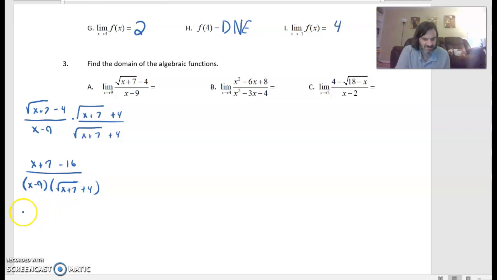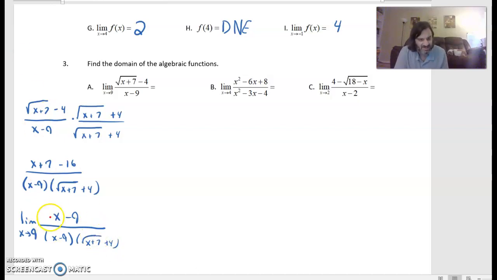So let's clean that up a little bit. We'll have the limit as x approaches 9 of numerator x minus 9 when we clean it up, denominator x minus 9 times square root of x plus 7 plus 4.